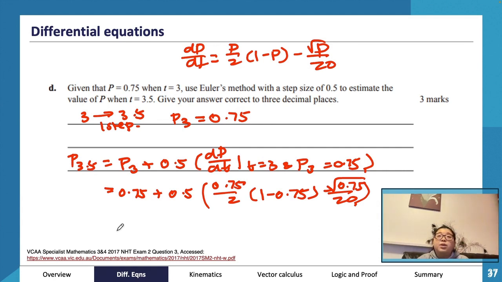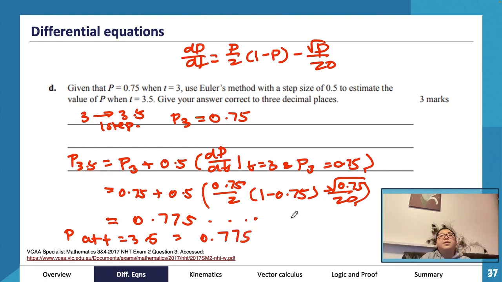So 0.75 over 2 times 1 minus 0.75 minus your 0.75 rooted over your 20, which is going to be 0.05 something, and then you can times that by 0.5 to get you 0.025, and then you can plus that onto your 0.75 value, which all in all is going to give you 0.775... So therefore P at T equals 3.5 is going to be equivalent to 0.775. And there's not really a unit once again.